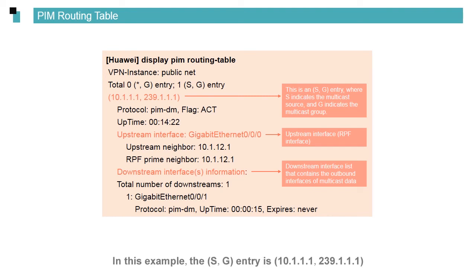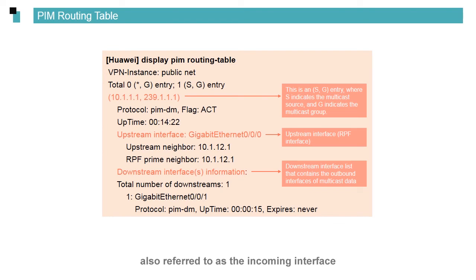In this example, the (S, G) entry is (10.1.1.1, 239.1.1.1).